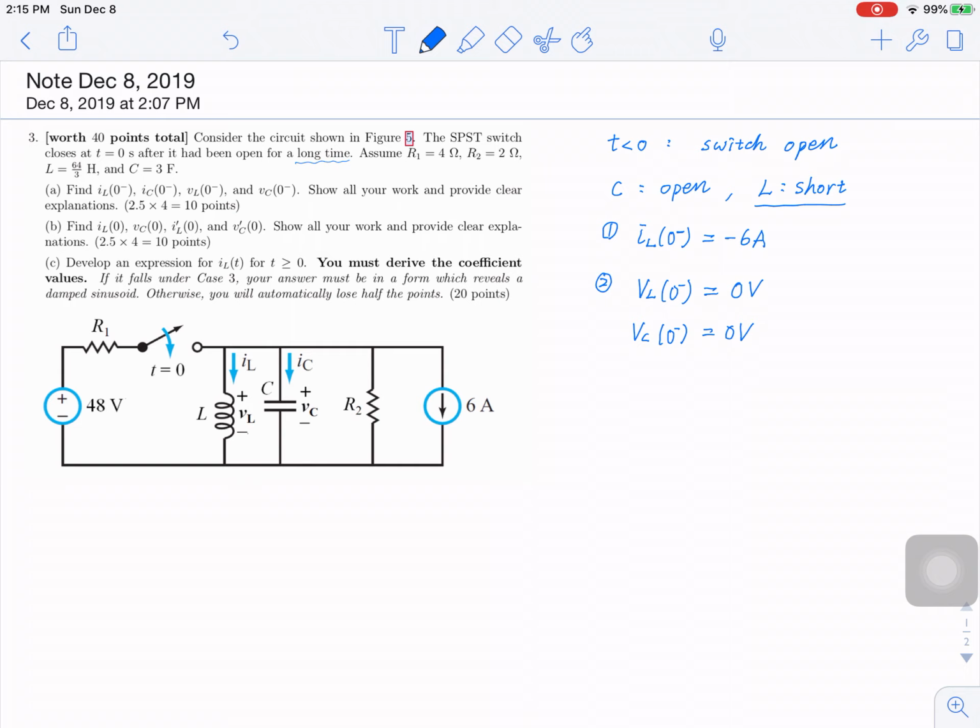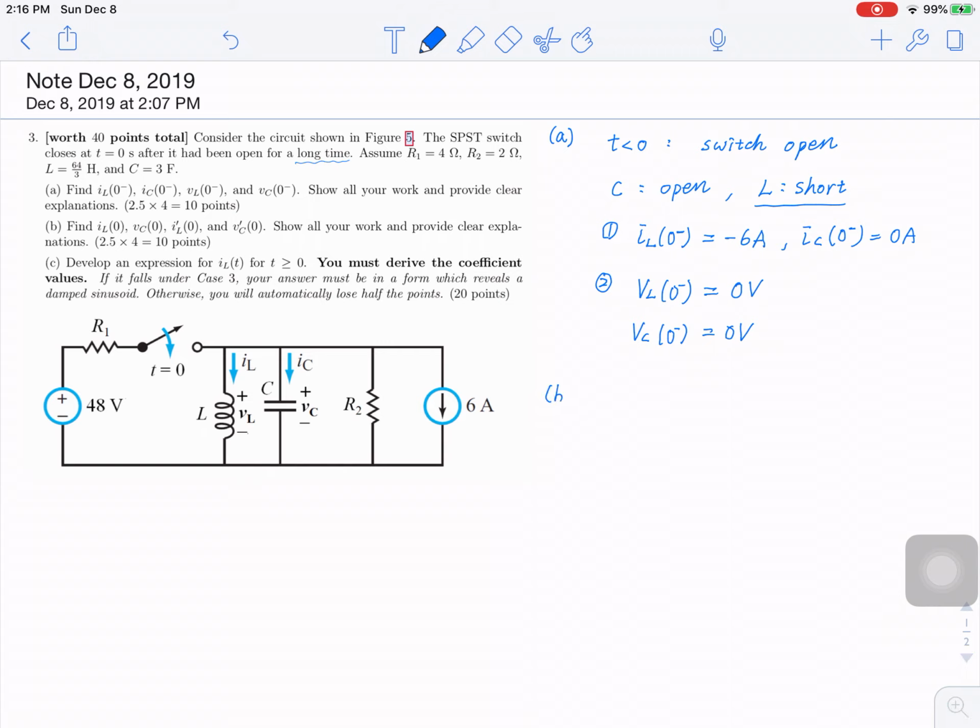And because all the current flows to the inductor, we know that IC at time less than 0 is also 0 ampere. So we get these solutions. Okay, so this is the first problem.